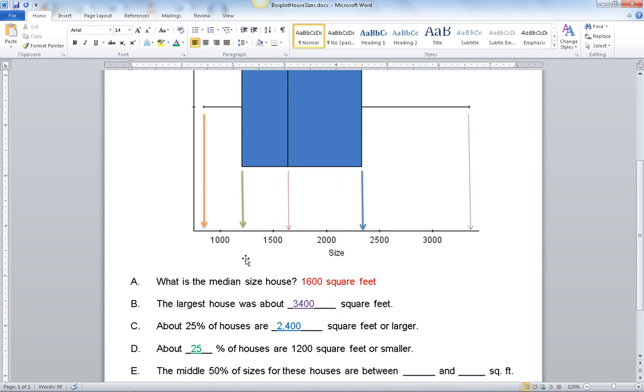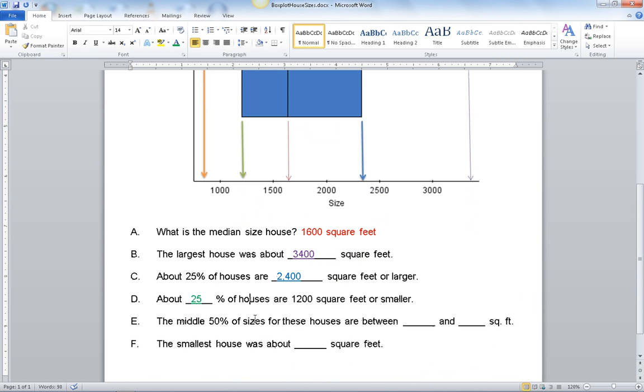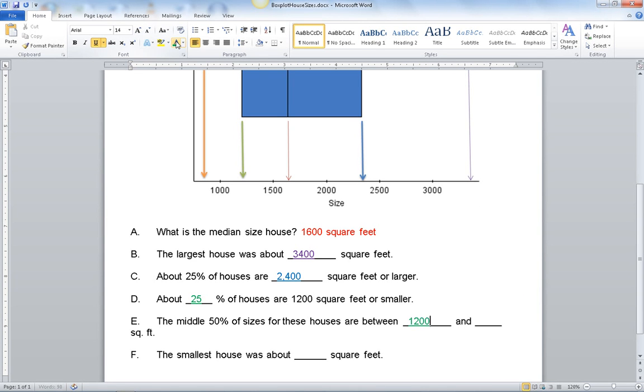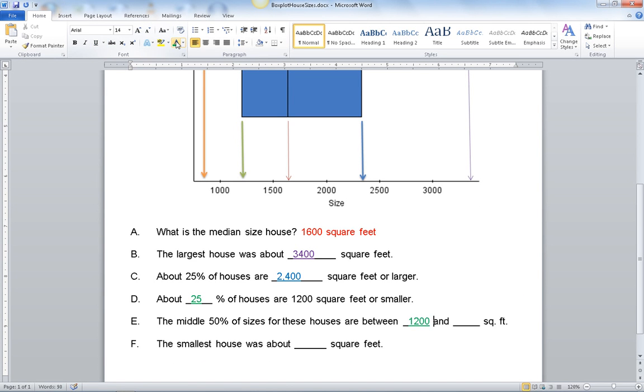So we would say that the middle 50% of sizes for these houses is going to be somewhere between that first quartile, which was 1,200 square feet, and the third quartile, which was the blue number, 2,400 square feet.